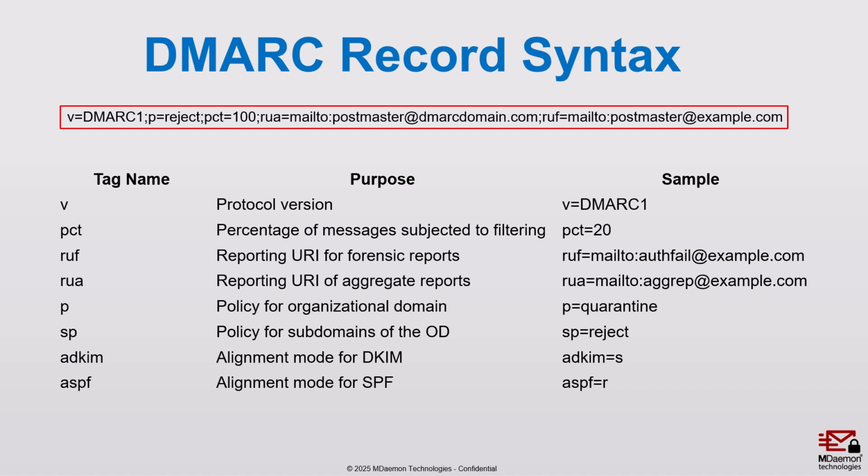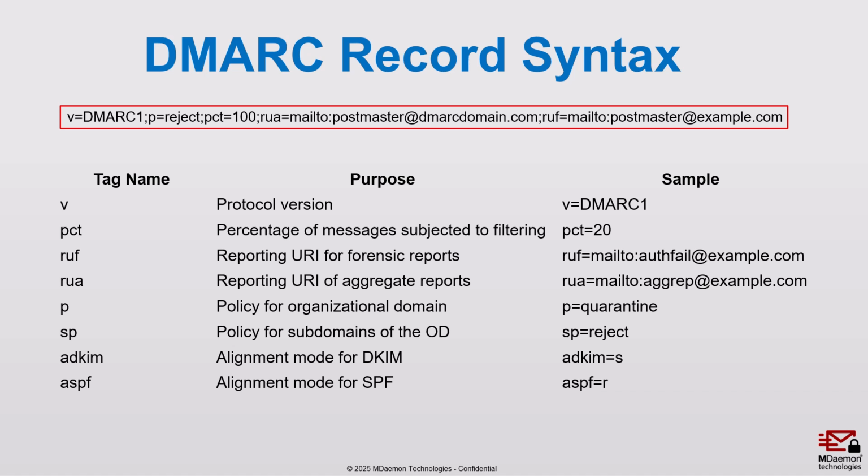And then you can use that percentage value, starting with a low percentage and then increasing it so that a higher percentage of messages are, for example, quarantined as you continue to monitor your DMARC reports to ensure that all messages sent from your domain are legitimately DKIM signed, and represented by a proper server authorized to send on behalf of your domain via the SPF record and so forth.